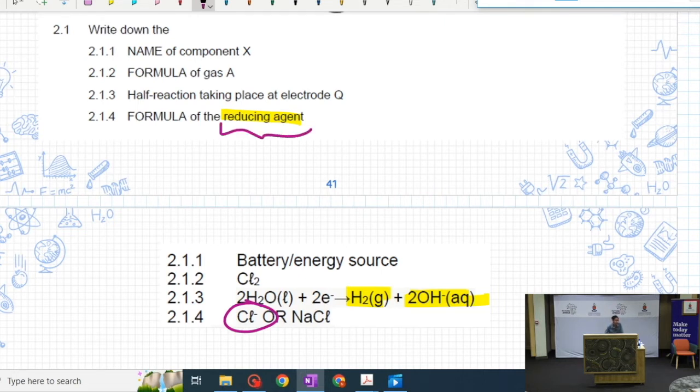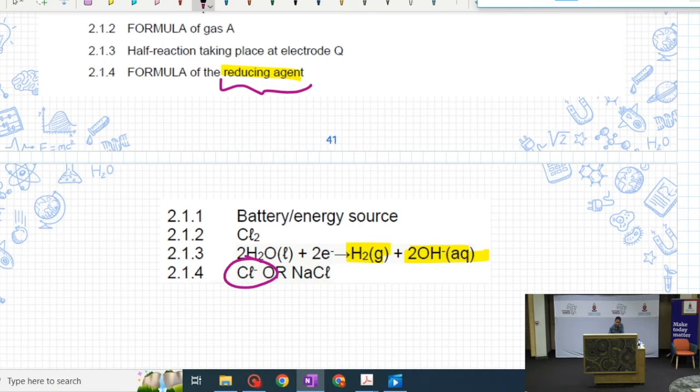Now please, when you wrote this down, make sure that if you're using the chemical symbol, you must have a negative there. If you just wrote down Cl, it's going to be marked wrong. If you wrote down Cl2, that is the product, it is not the reducing agent. So make sure that you write down the reactant.